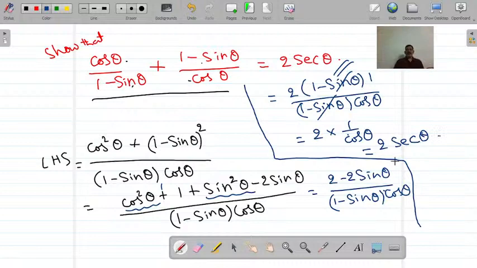Simply here I used sine square theta plus cos square theta equal to 1, and the (a minus b) whole square formula. Whatever formulas we learned, we use them to solve these problems. So you have to understand these identities in a better manner so that you can solve these problems easily and quickly. I hope all of you understood these problems.